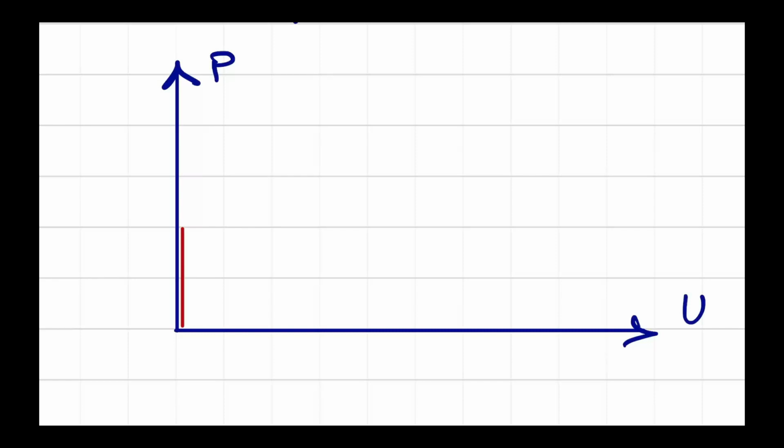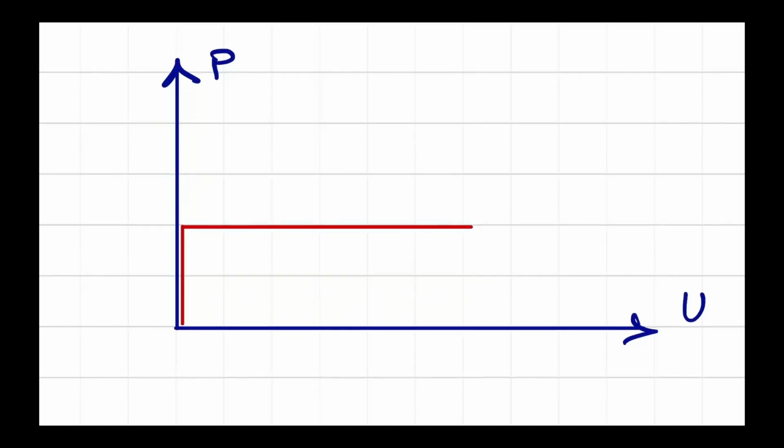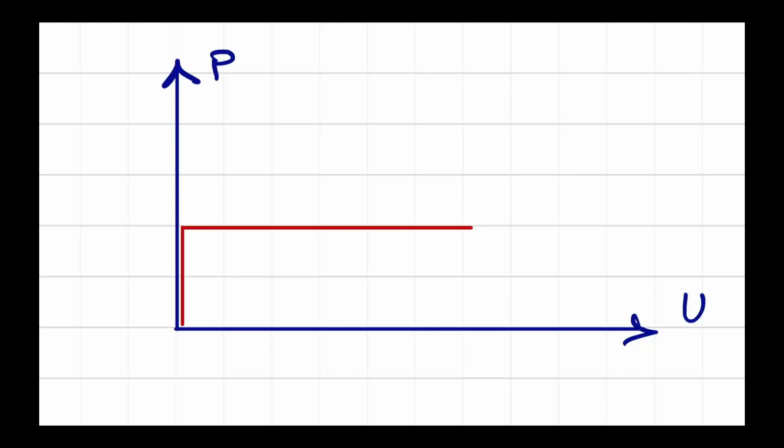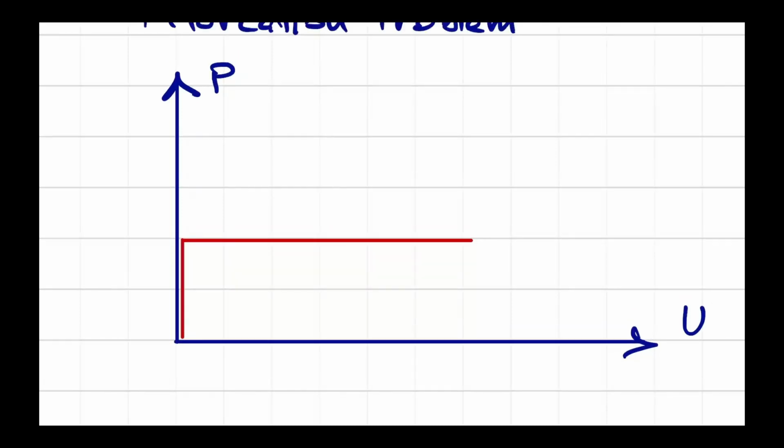And once you approach the buckling load, here is your response. You get the infinitely large U value. This point is called the bifurcation point.